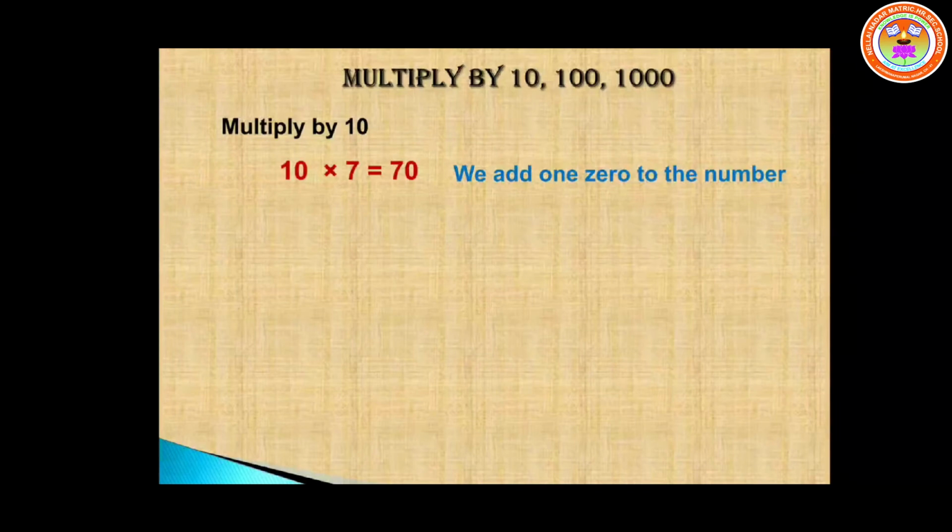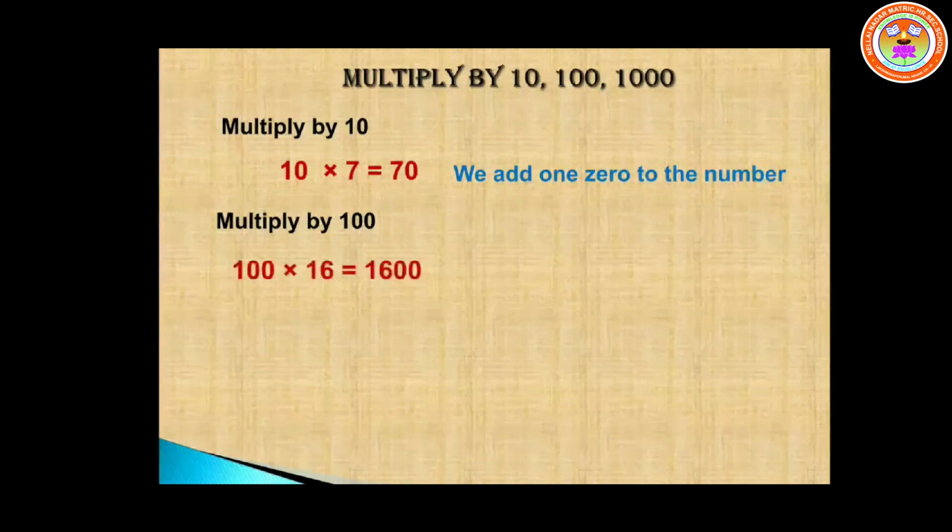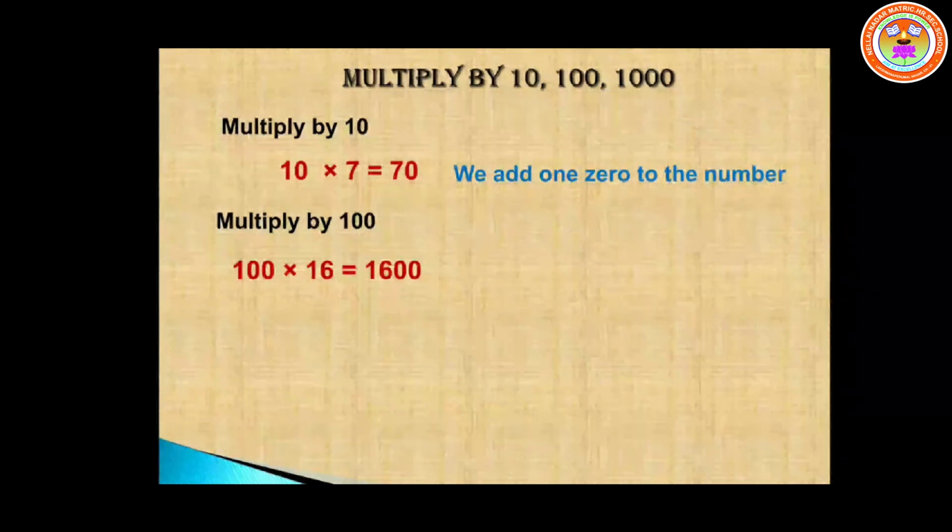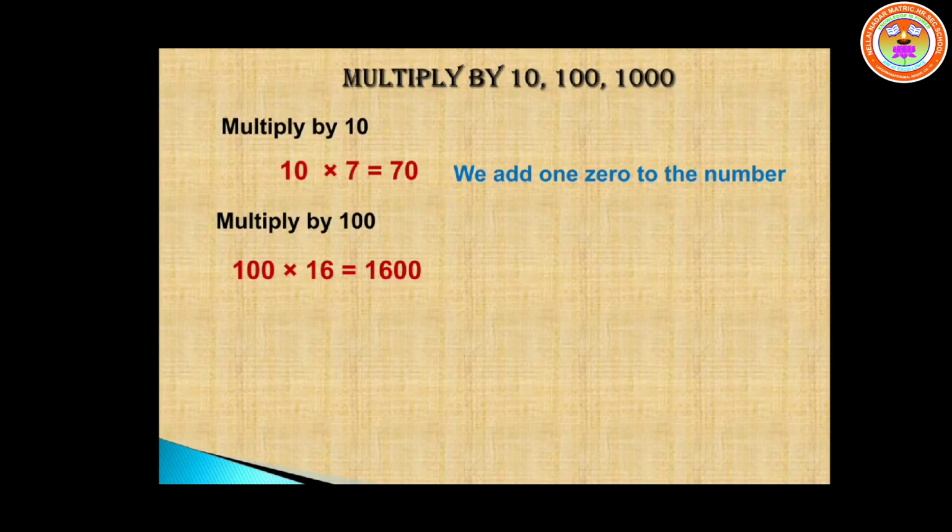Next, if you are multiplying by 100, for example, 100 into 16. So, 16 is multiplied with 100. What is the answer? It is 1600. What is happening to the number 16? 2 zeros are added at the back.